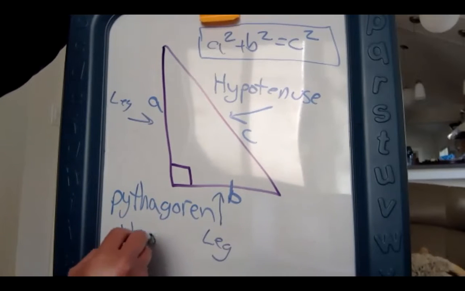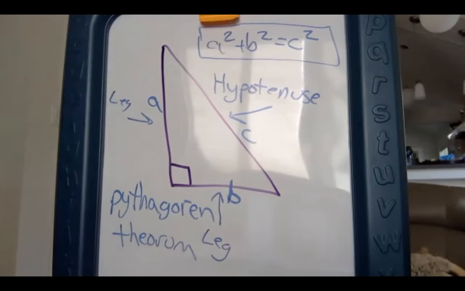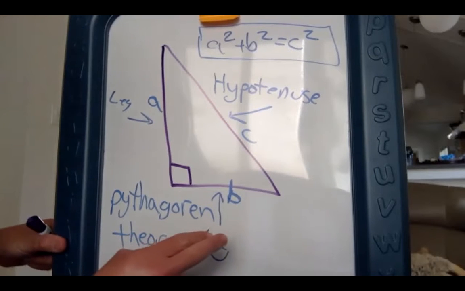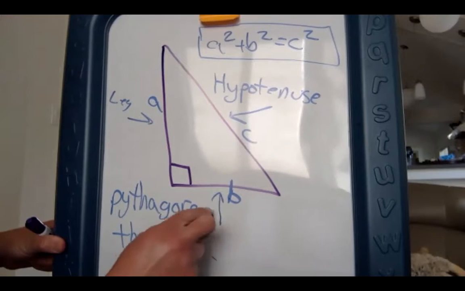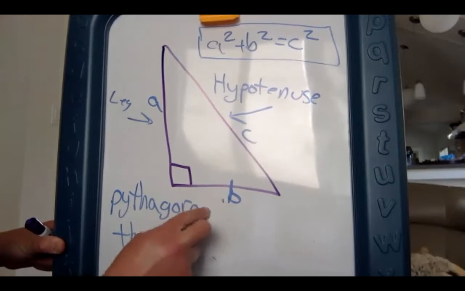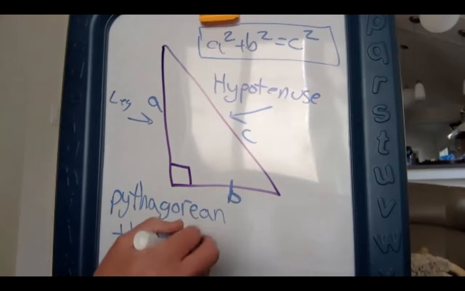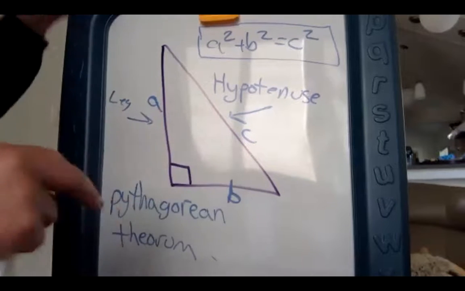Pythagorean Theorem. And actually, there's an A at the end of that. Sorry about that. Pythagorean Theorem. Okay, so you have your triangle.